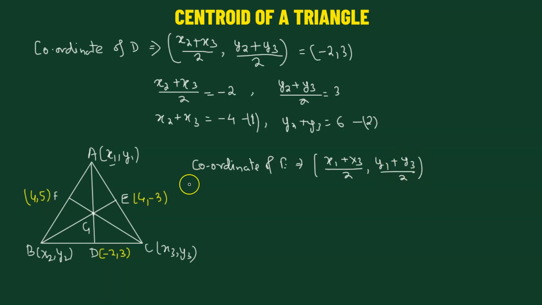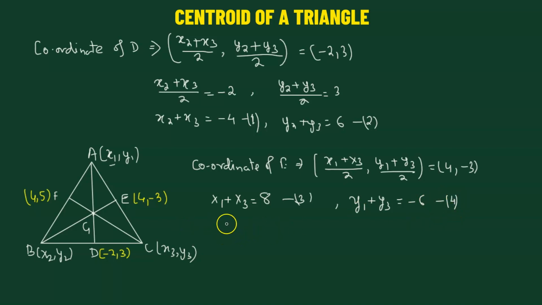That's the coordinate of the midpoint E. And this is already given with a value of (4, -3). So we can equate it and we can get two equations. So x1 plus x3 is going to be equal to 2 times 4, that's going to be 8. We're going to name it equation number 3. And then we have y1 plus y3 equals 2 times -3, so that's -6. This is going to be equation number 4.